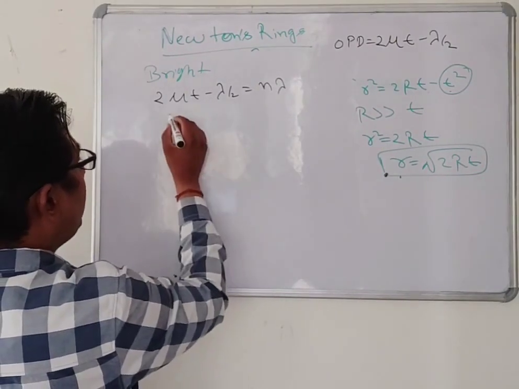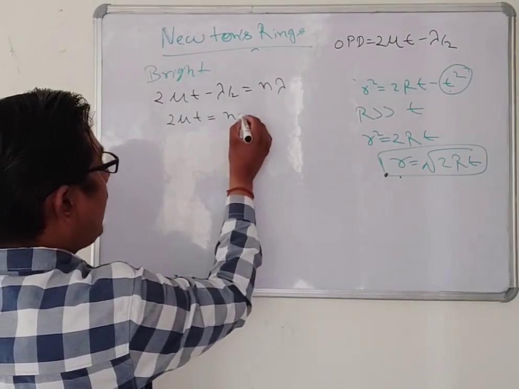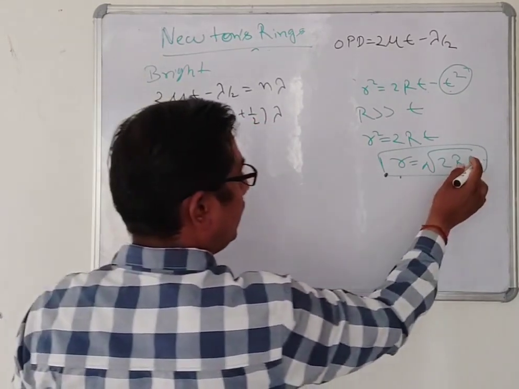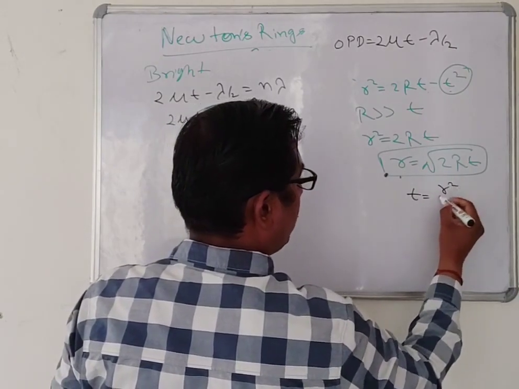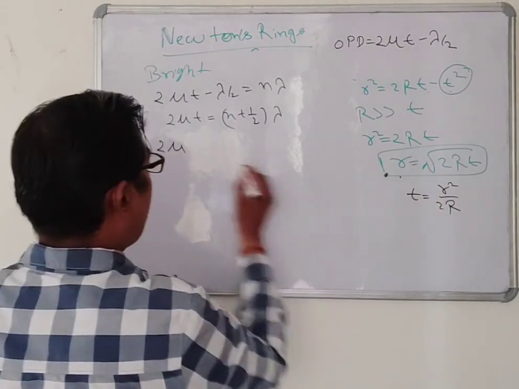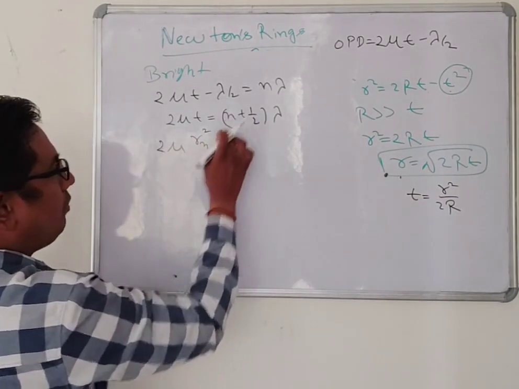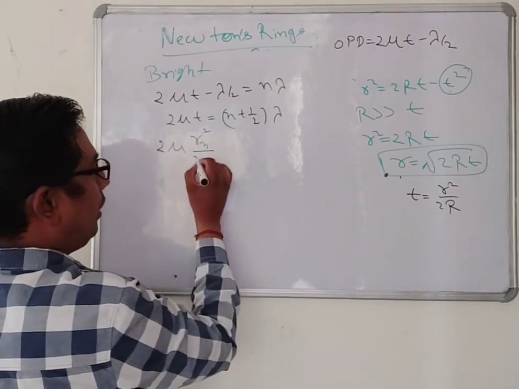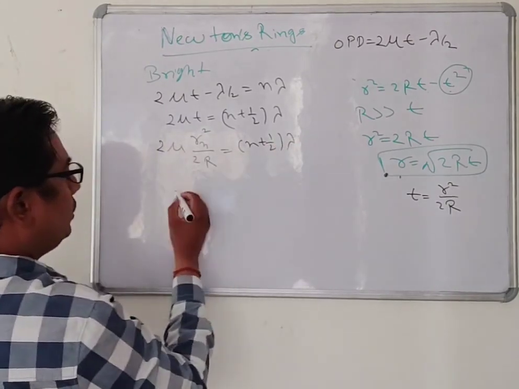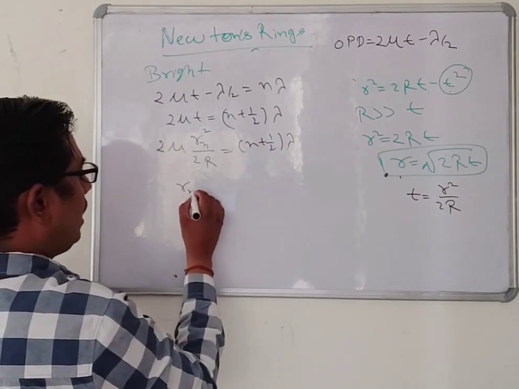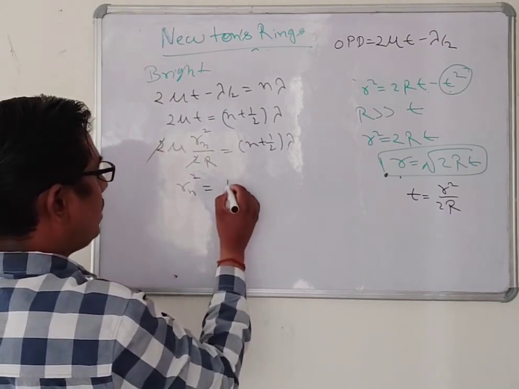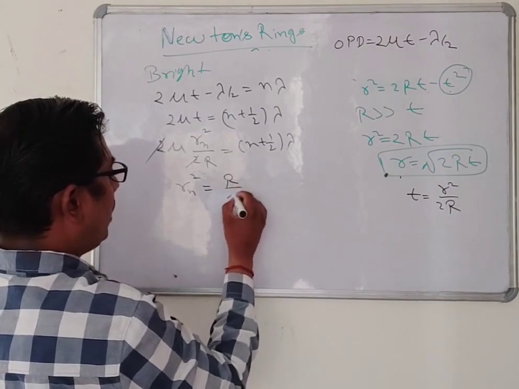So 2 mu T is equal to (n plus half) lambda, and you know that T is equal to r square divided by 2R. Here I am using n because n is the nth number of the fringe. So 2 mu times r square divided by 2R is equal to (n plus half) lambda. Finally r n square is R by mu into (n plus half) lambda.